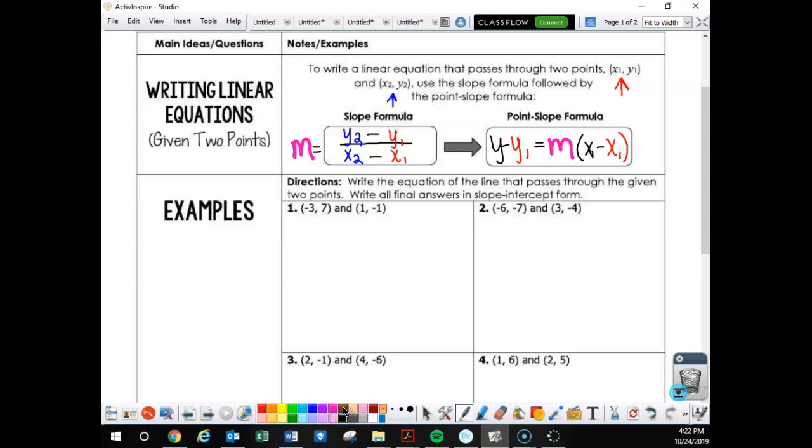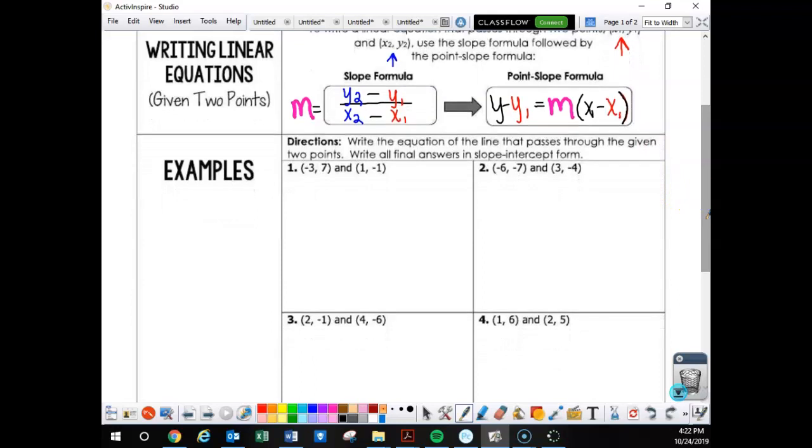Alright, so let's look how this works. First, the best thing to do is to always define your points. So you can name this x1, y1, and the one next to it x2, y2. Then the first thing we're going to do is plug that into this formula, because I'm trying to figure out what my m is.